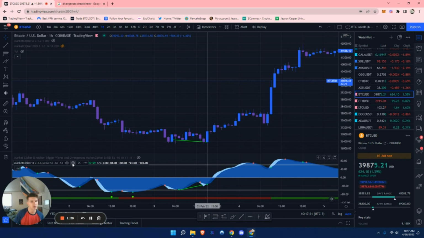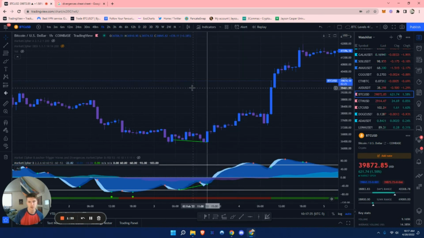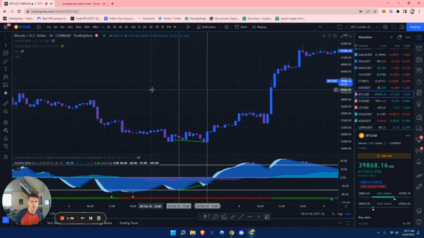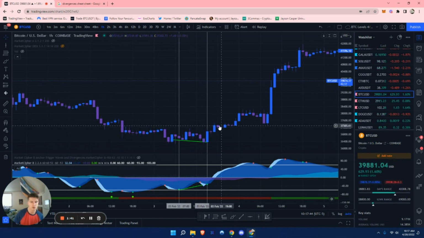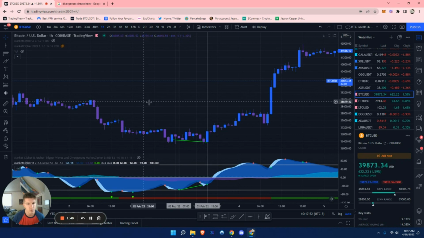Next, we'll turn on the Moneyflow. And again, with Moneyflow, a general rule of thumb is that you want to see money flow going in the direction that you want price to go. So in this case, for longs, you want to see money flow coming up.